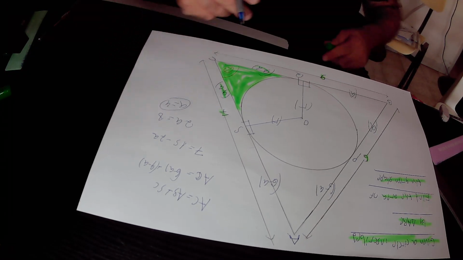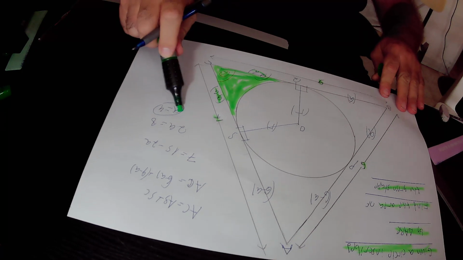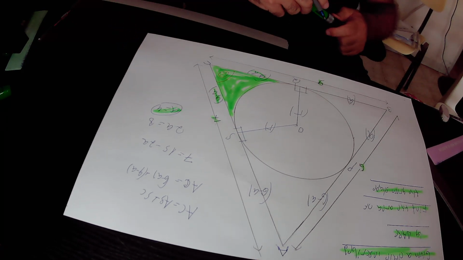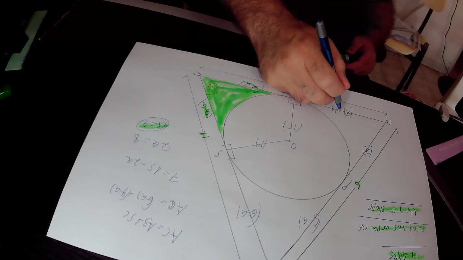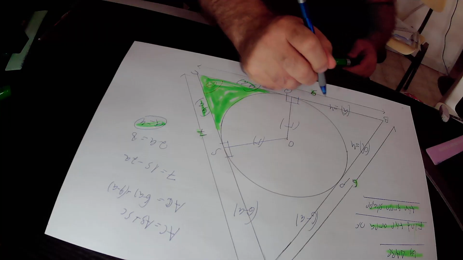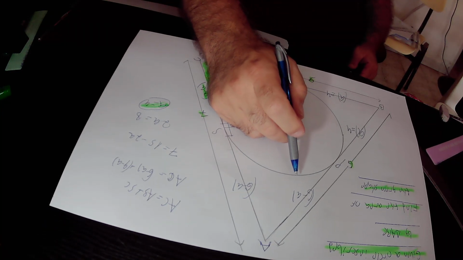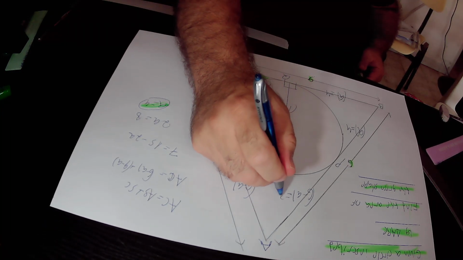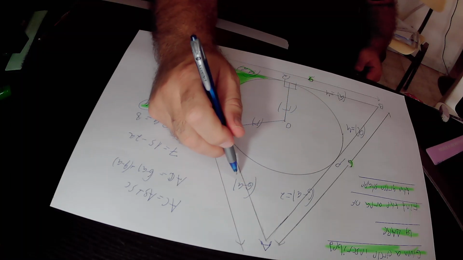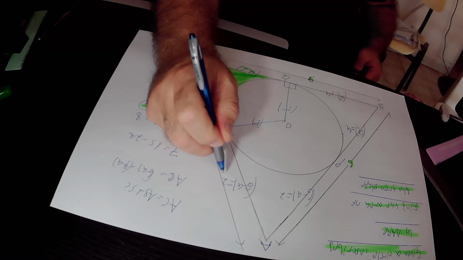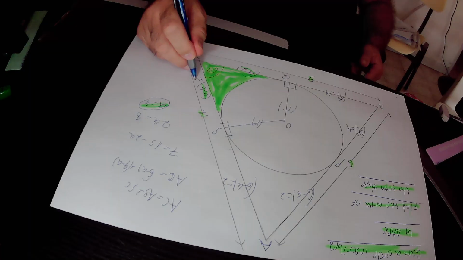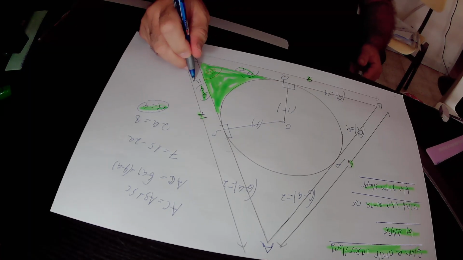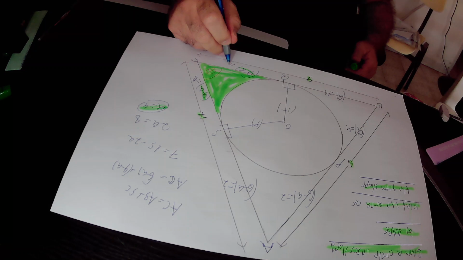A equals 4 units in its length. 6 minus A is 6 minus 4, that is 2. 9 minus A is 9 minus 4, that is 5.